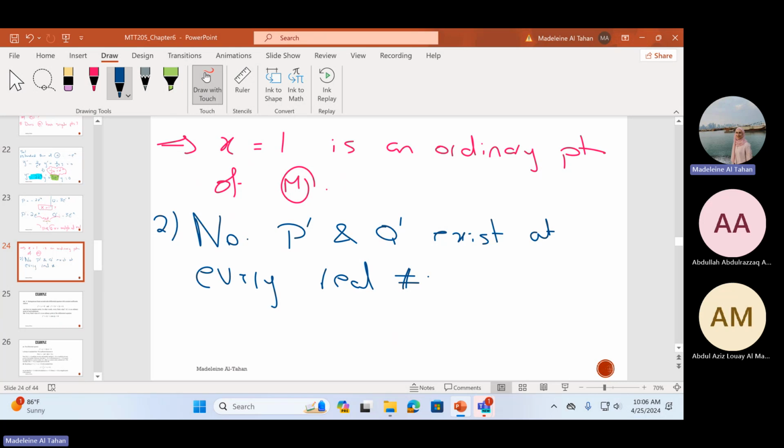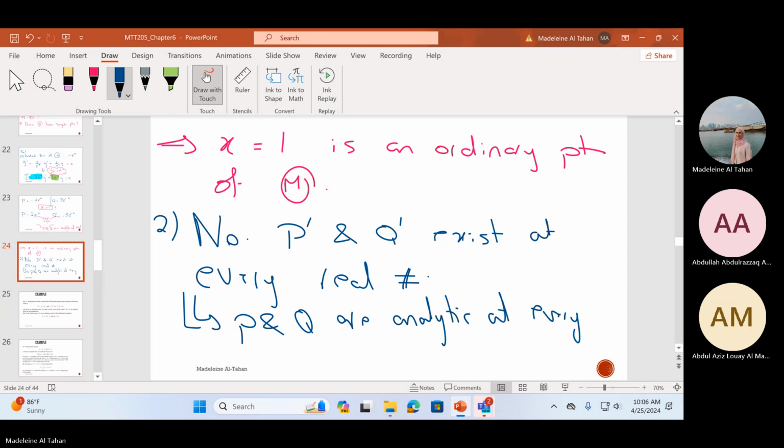So P prime and Q prime exist at every real number. What can we say? This implies that P and Q are analytic at every real number. So every real number is an ordinary point for it.